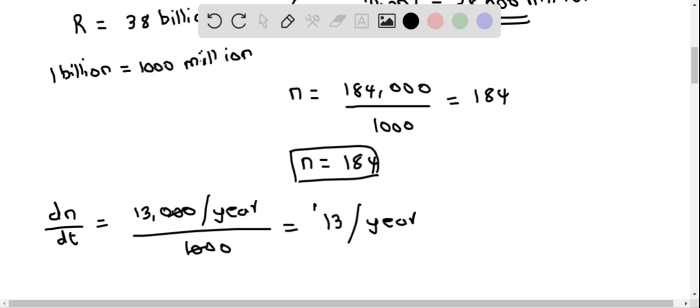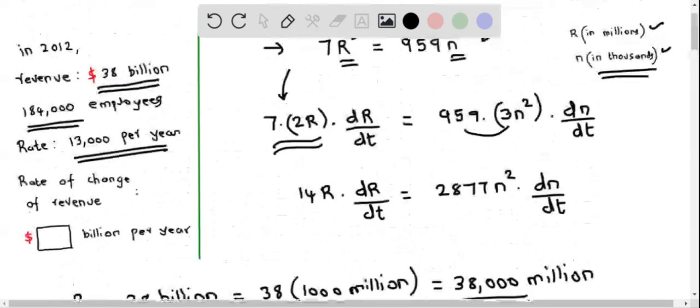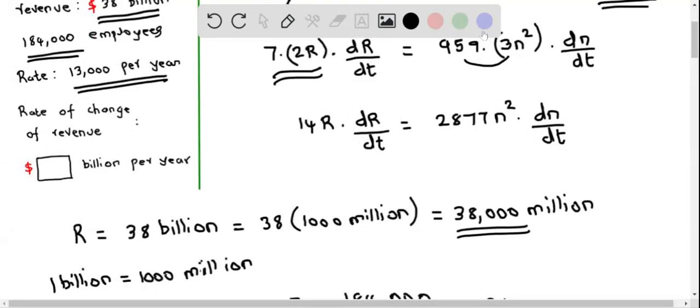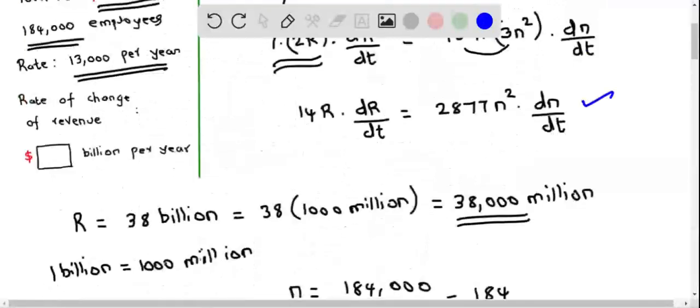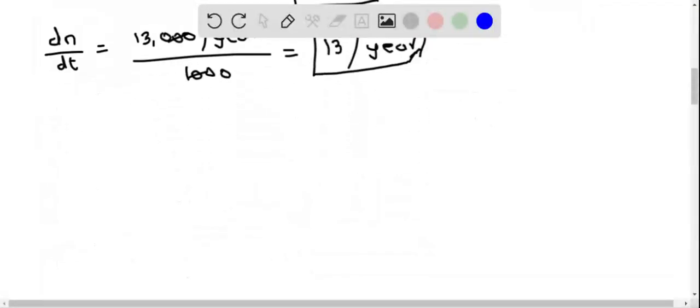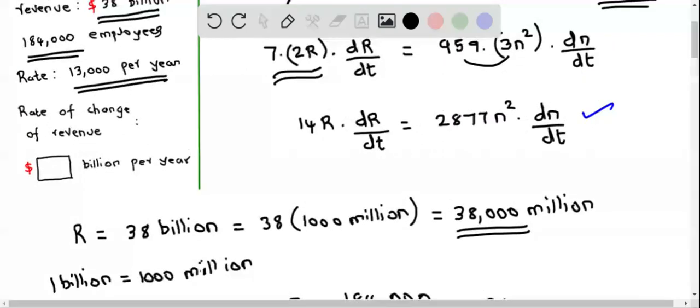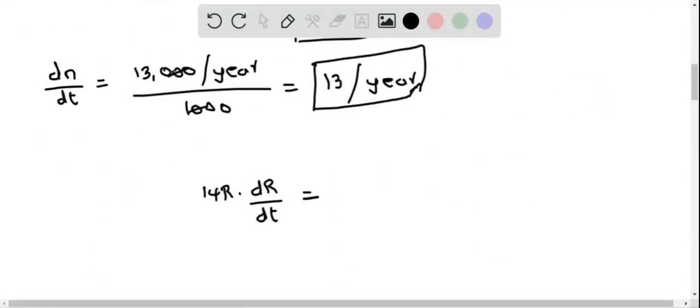Now we can substitute all these values into the derivative equation. This is the derivative equation. So I'm going to copy that derivative equation, which is 14r times dr/dt, and this equals, on the right side, 2877 n² times dn/dt.